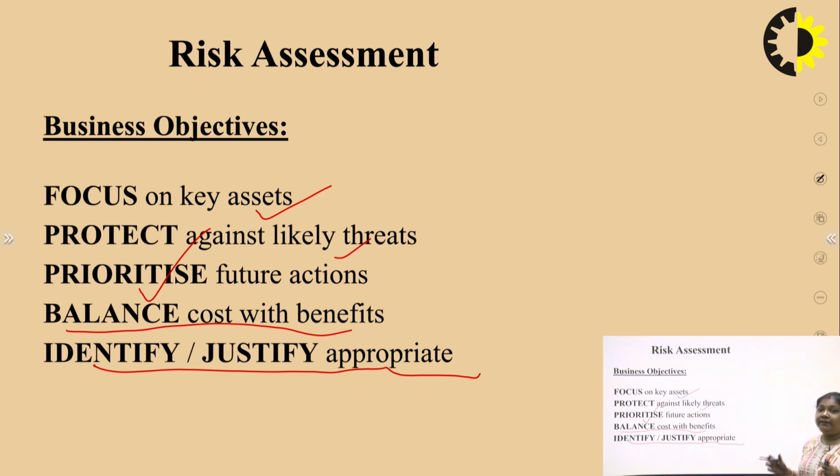The main concept behind risk assessment is to first find out our assets, then list all types of threats, and then decide what we need to do to protect from these threats, and prioritize our future actions, that is, what we need to do first. Then balance cost, meaning what financial aid we need to implement this, and then justify the appropriate measures. All these things should be in place before implementation.